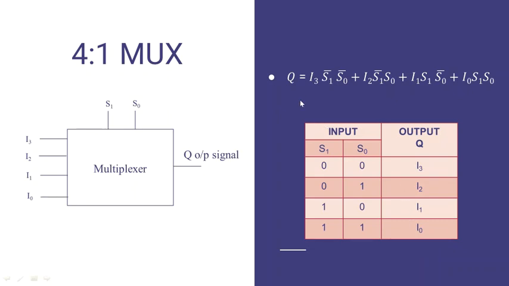And we can write the Boolean equation from this: I3 S1 bar S0 bar, plus I2 S1 bar S0, plus I1 S1 S0 bar, plus I0 S1 S0.